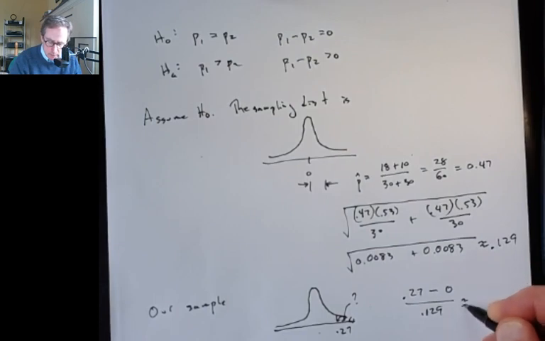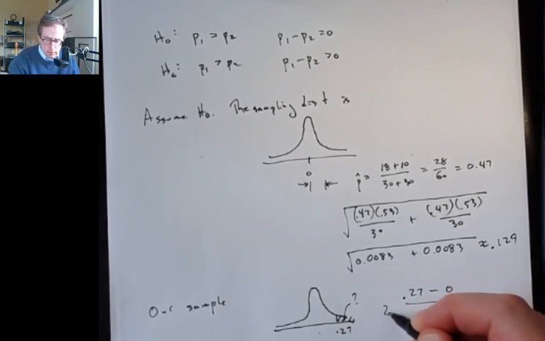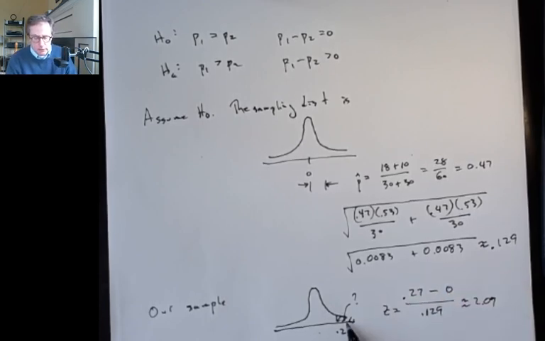So that's about 2.09. I've got to ask, what's the p-value associated with a z-score of 2.09?